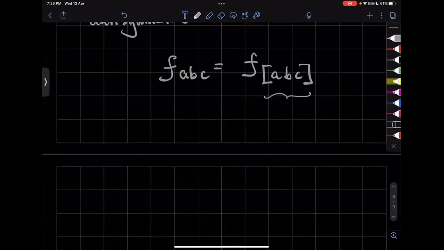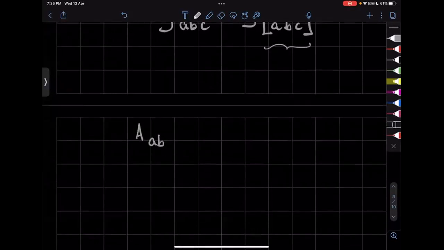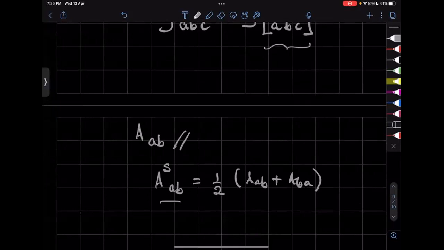Okay, so suppose you have a tensor, say a rank 2 tensor, A_AB. Then you can construct a symmetric tensor out of it, S_AB, which is half of A_AB plus A_BA. So regardless of whether A_AB has any symmetry or not, this object is symmetric.